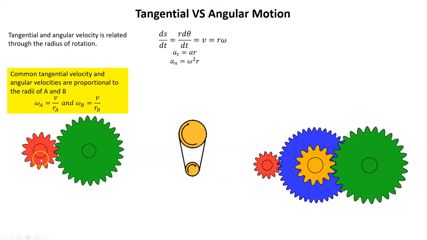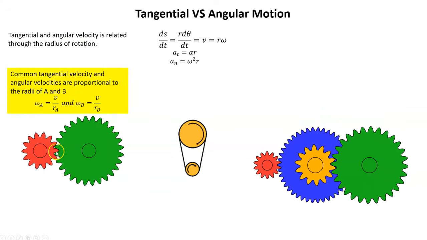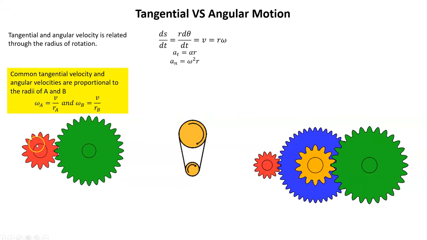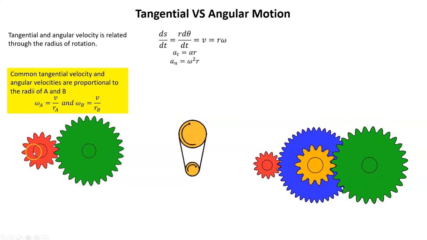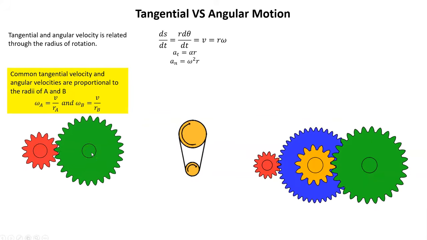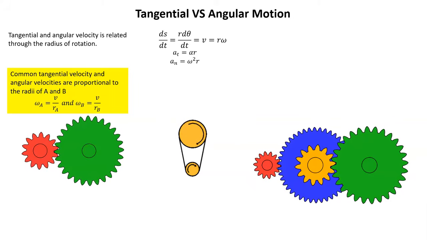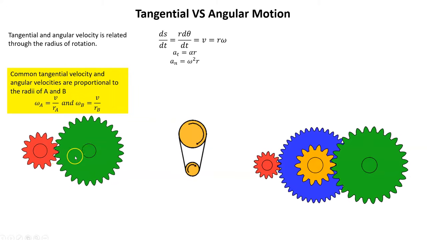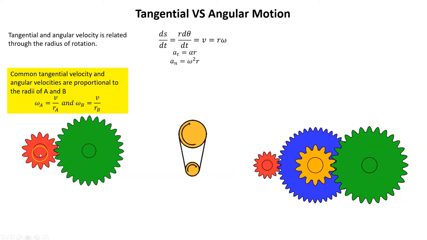So just looking at this in terms of two gears, they're in mesh, and this gear has a clearly smaller radius versus the other gear. It doesn't matter which one is driving and which one is driven. All I want you to pay attention to is that they are enmeshed and have two very different radii.